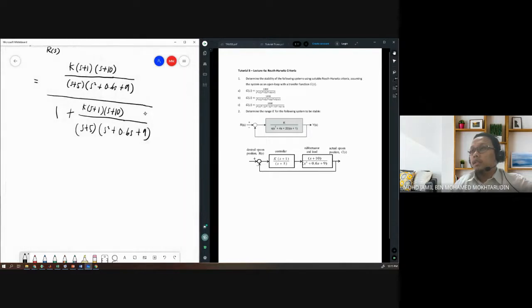Now we can simplify this to get a single numerator divided by denominator.